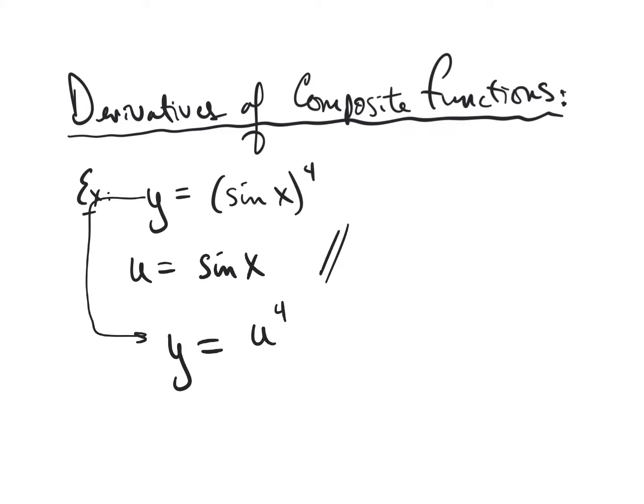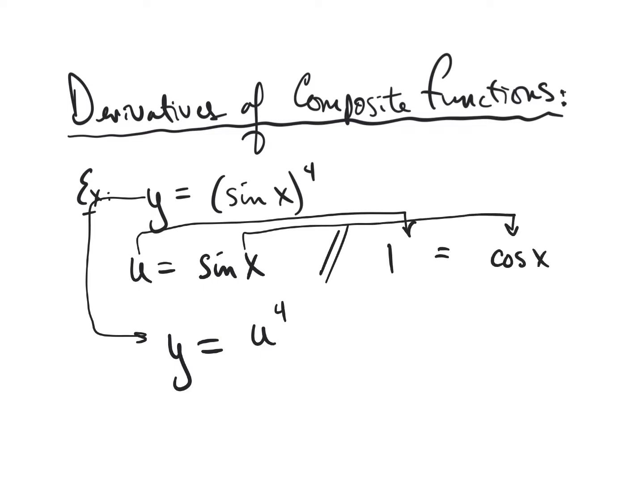The catch is that every time we use a u substitution, we also have to take the derivative of the substitution. So we have to take the derivative of u, which is 1. We have to take the derivative of sine, which is cosine.